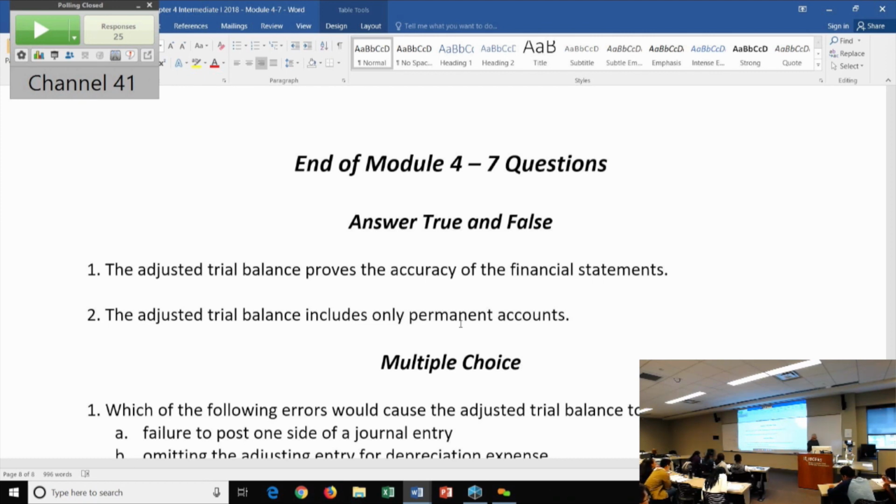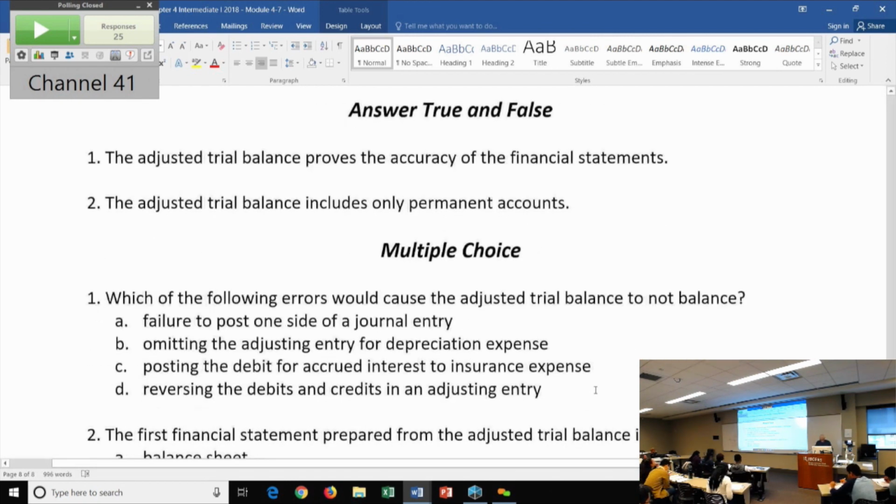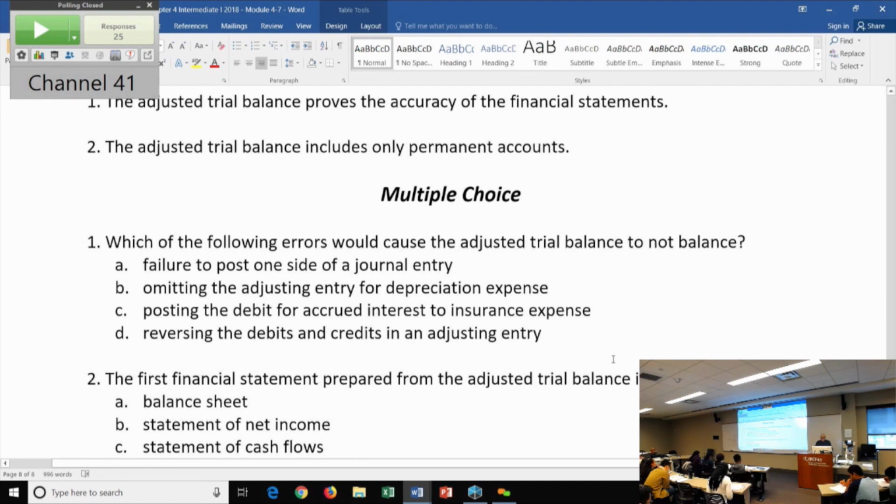And we've already done this first question in a different module. You know, what errors don't show up on a trial balance, or what would cause the trial balance not to balance? And the answer here is, if you don't post one side of a journal entry, it's not going to balance.